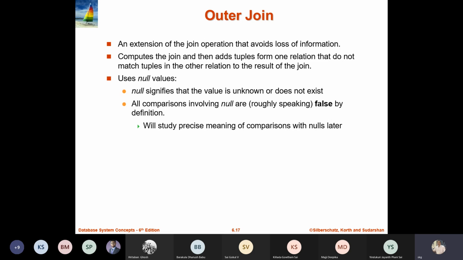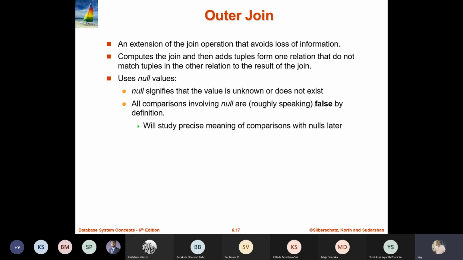This outer join is an extension of the join operation that avoids loss of information. Though as such we do not encourage keeping null values in the database, because this creates a lot of uncertainty while we do different types of operations. But nevertheless, in this case, our motivation is to avoid loss of information.